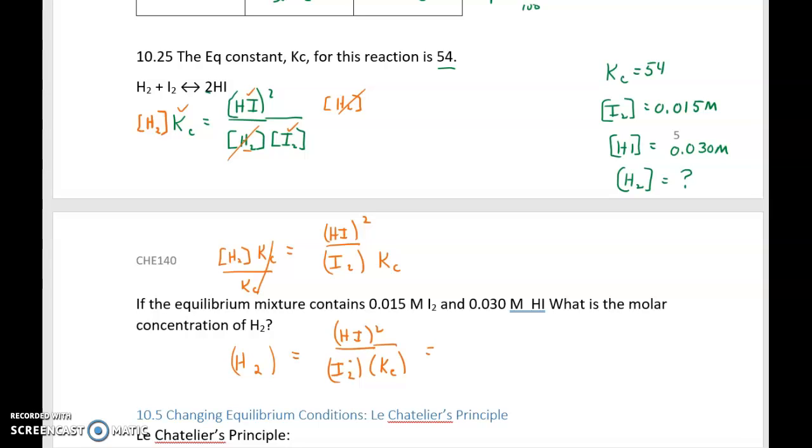Okay, so we can just substitute in. We've got 0.030 squared for our top. In the bottom, we have the iodine concentration and the equilibrium constant. If we do all that math, we end up with a hydrogen concentration of 1.1 times 10 to the minus third molar.